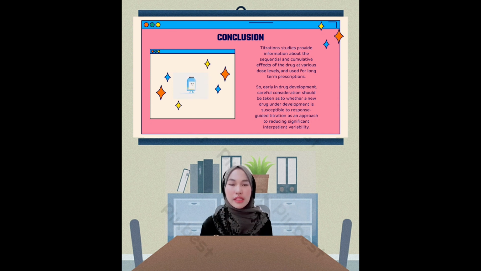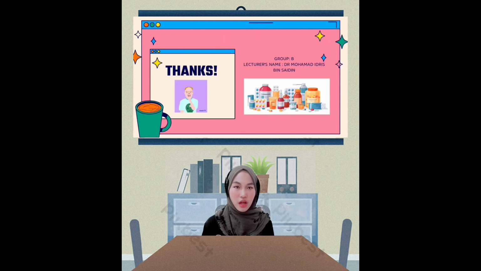So, early in drug development, careful consideration should be given as to whether a new drug under development is susceptible to response-guided titration as an approach to reducing significant interpatient variability. If so, clinical trial designs that test this approach should be considered for incorporation into efficacy trials. That's all from us.